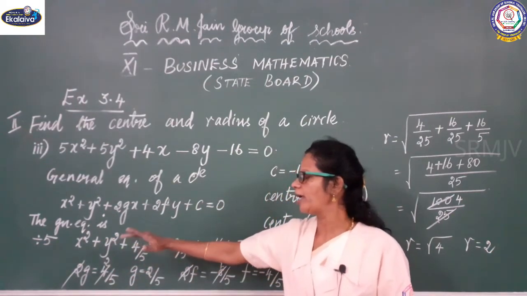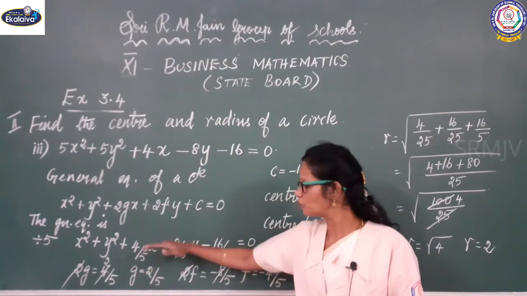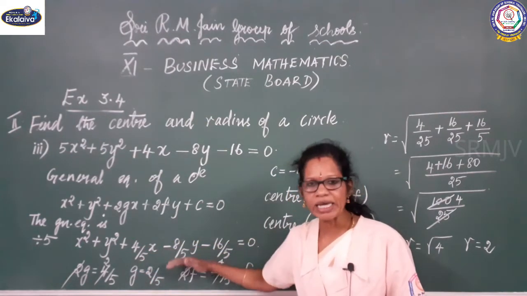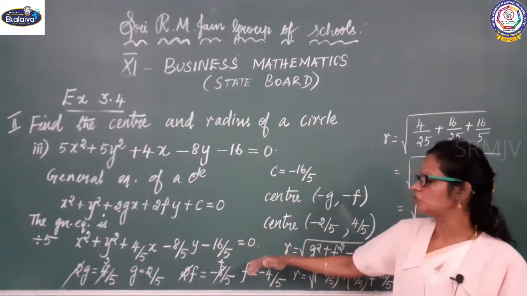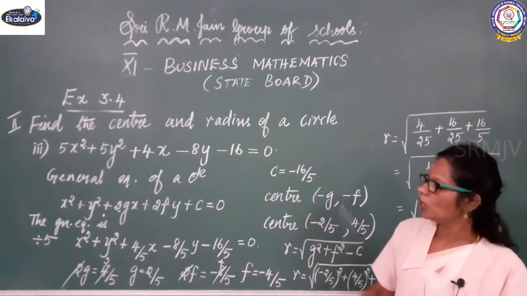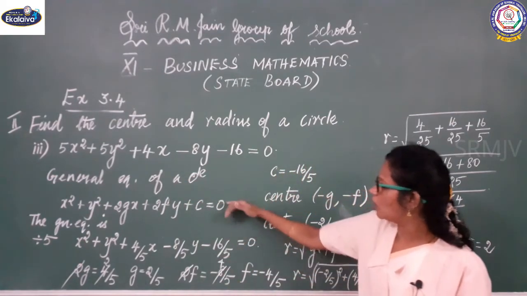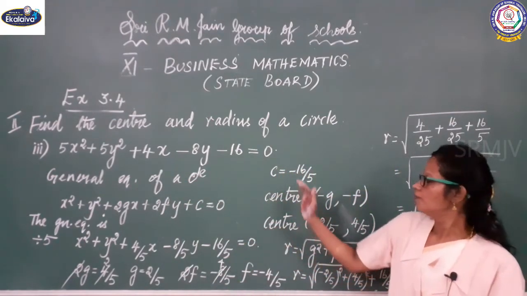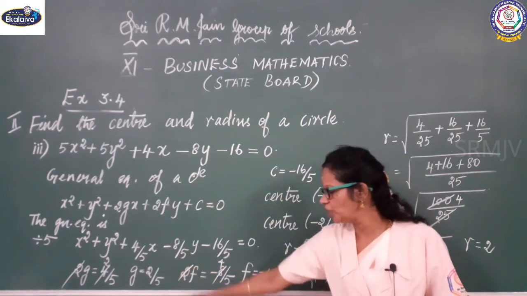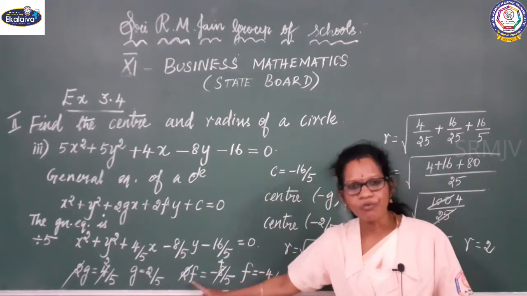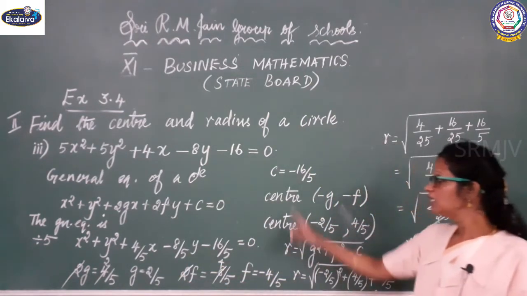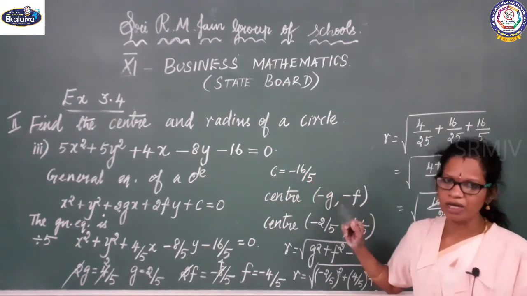Then I arrived at x square plus y square plus 4 by 5x minus 8 by 5y minus 16 by 5 equal to 0. Then the coefficient of x, coefficient of y and the constant should be compared. I arrived at the result as g equal to 2 by 5, f equal to minus 4 by 5, c equal to minus 16 by 5.